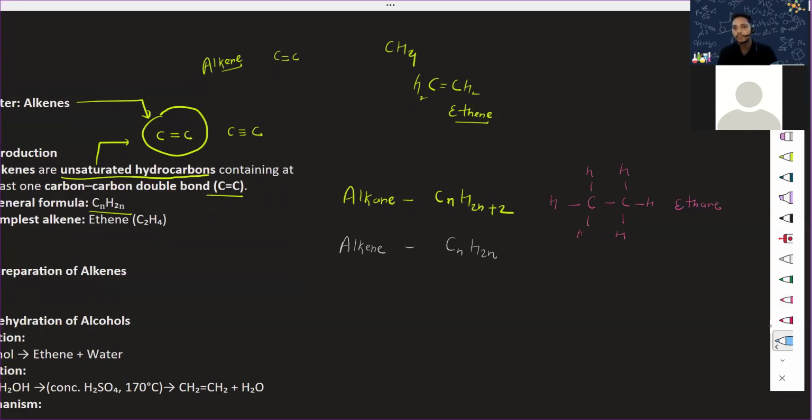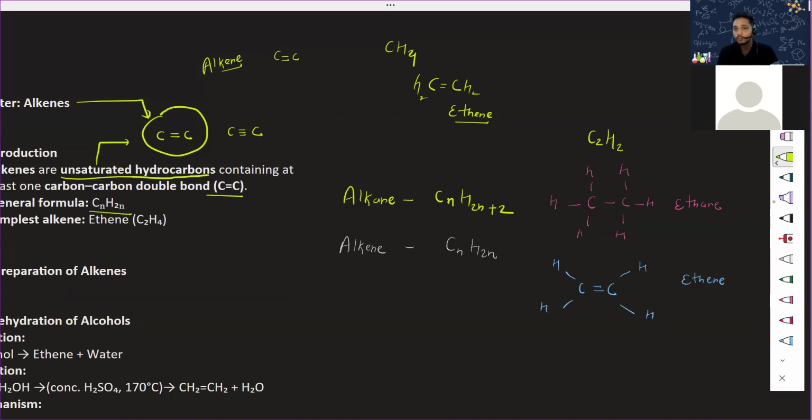Similarly, if I want to draw ethene, the carbon-carbon double bond will be there. Now only two bonds are remaining for hydrogen to bond with. Can you tell me how many carbons are there here? C2, H2.